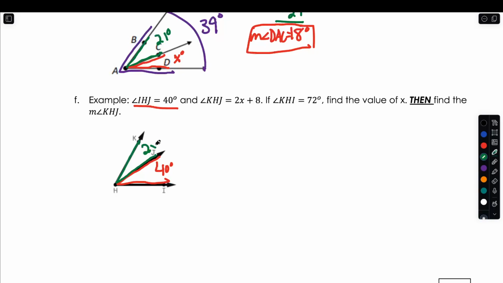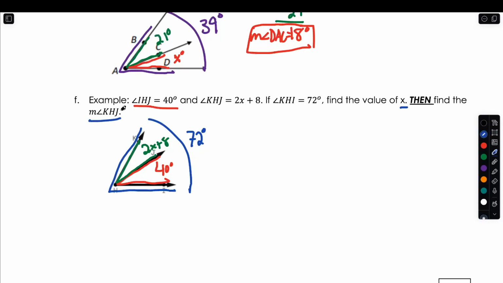So 2x plus 8. And lastly, KHI, that's my big boy. That's the entire thing. KHI is 72 degrees. Find the value of X.